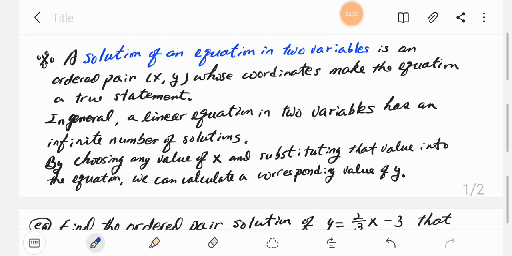In general, there are so many solutions to a linear equation in two variables. In order to find one, use any x value, and then substitute that x value for x in the equation, then you get the corresponding value of y.